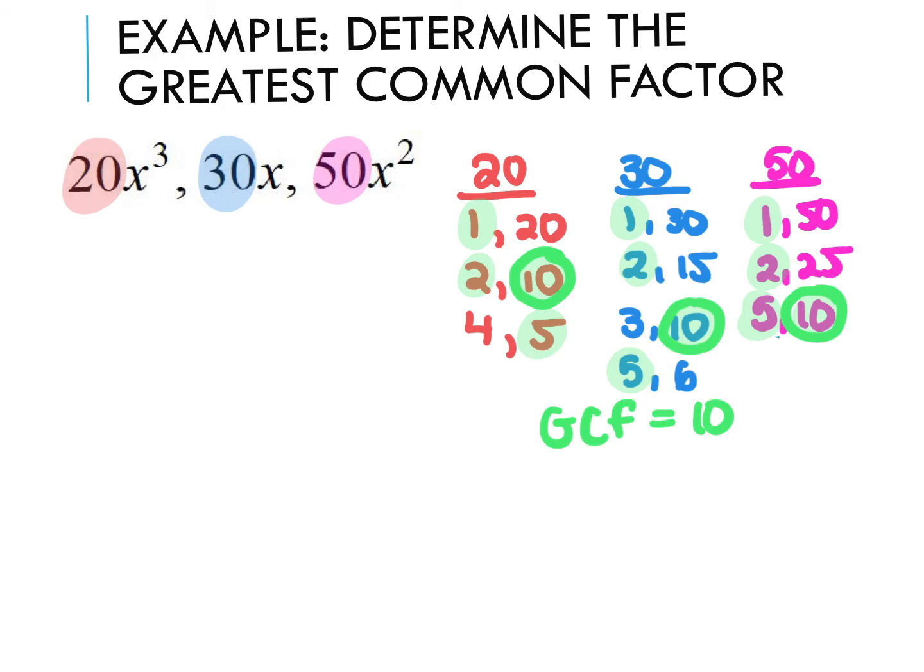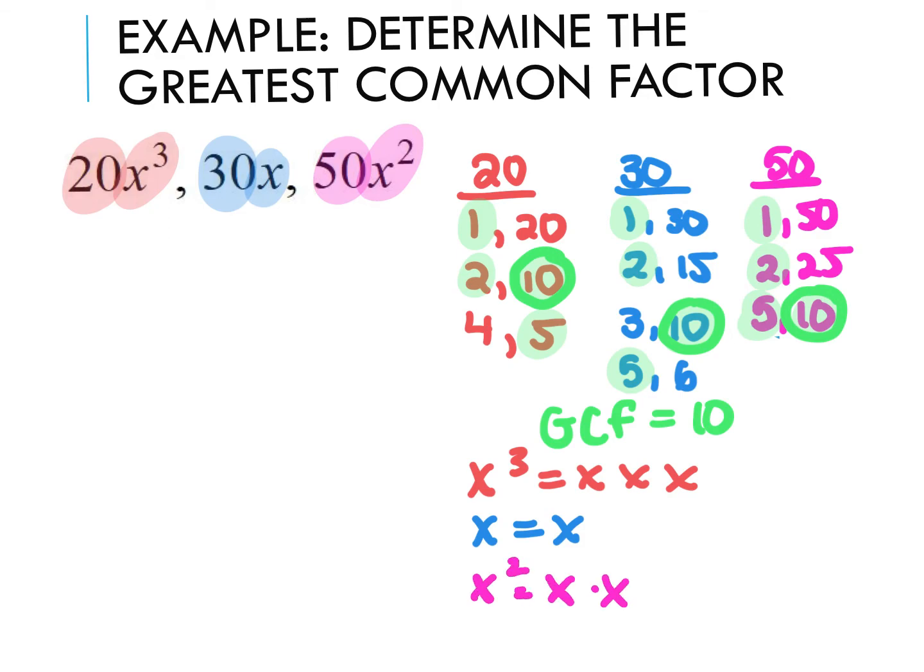Now I'm going to consider the variable part of these. So I first have x to the third, which we know is really like I have 3 x's. Then I have a single x, which I know is really just x. And I have this x squared, which I know is really x times x.